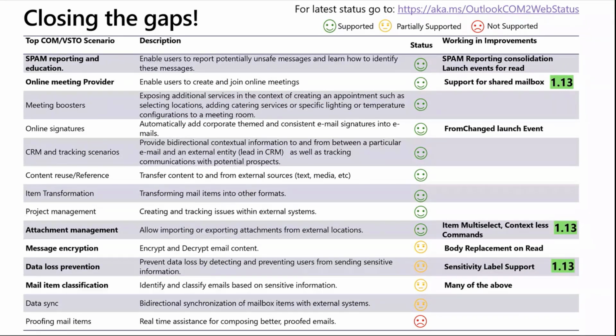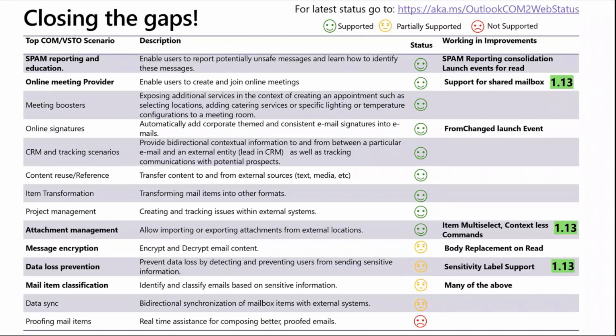The approach that my team is taking is that we have identified a set of different scenarios that have the top use in the COM world. This list is summarizing it. It's a lot of information, but I'm not going to go row by row. These are the scenarios that are most popular in the Outlook add-in world.